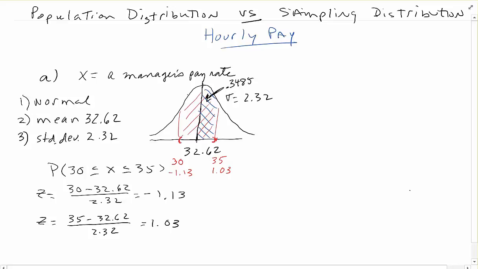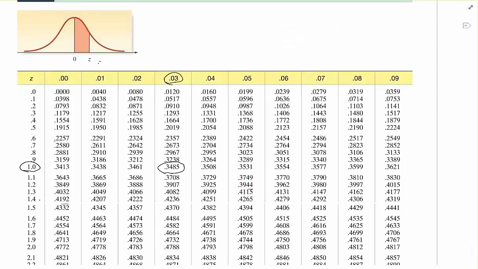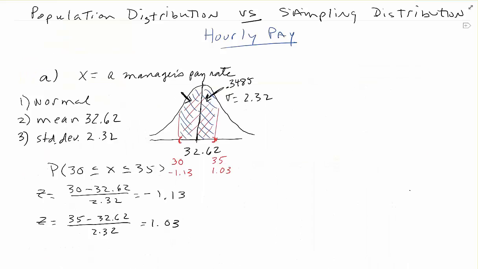So this side right here is 0.3485. Now to get this side, there are only positive z values in the table, so I'm going to need to look up a positive 1.13. A positive 1.13 would be down here in row 1.1, and again over to the 0.03 column, and I would have 0.3708.